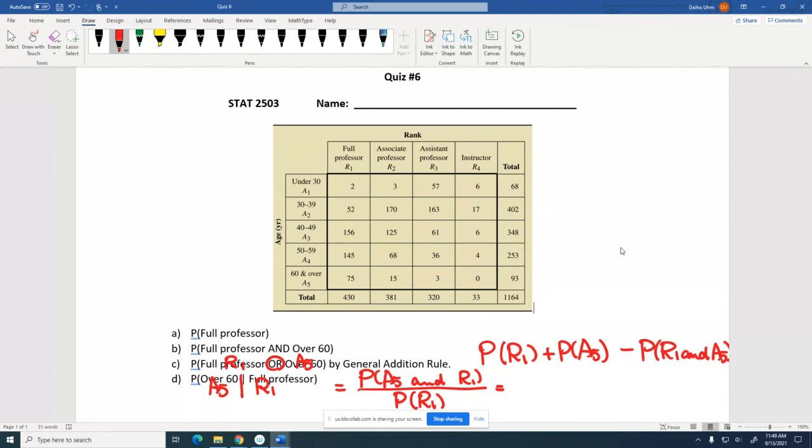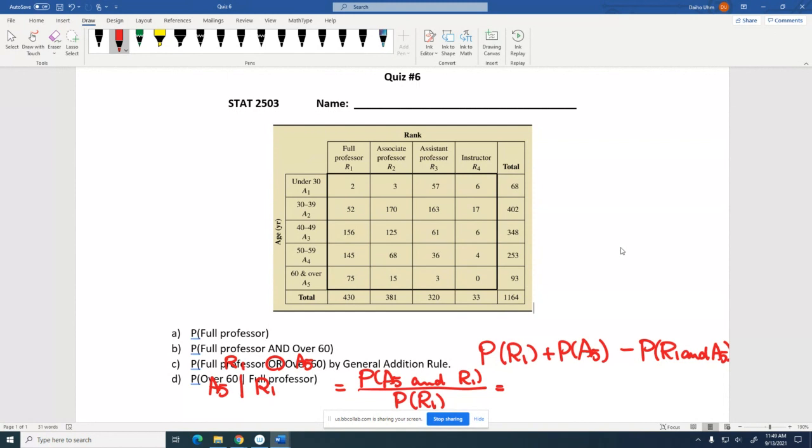See, the probability of full professor plus the probability of over 60, minus the probability of full and over 60, the joint probability.